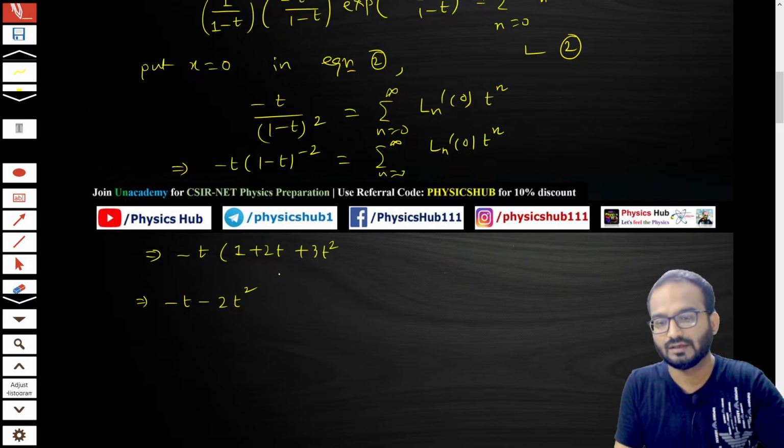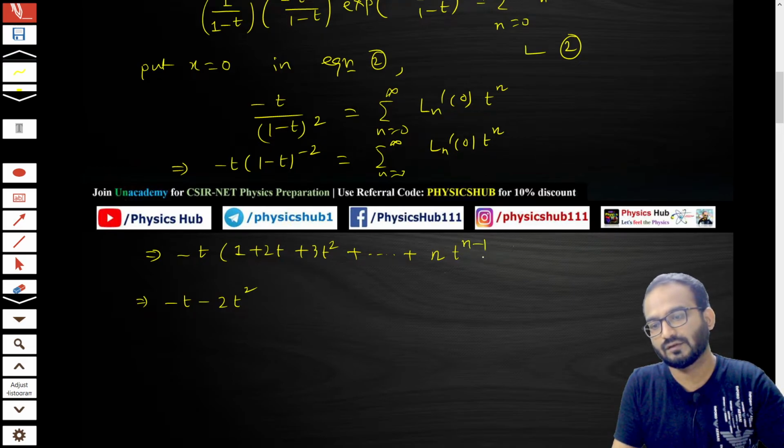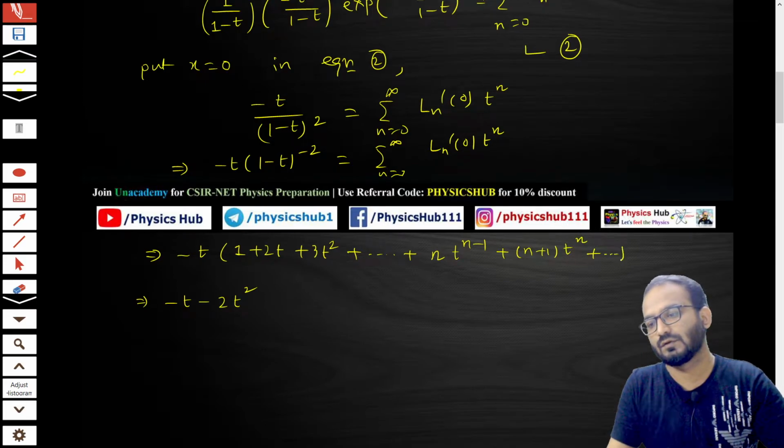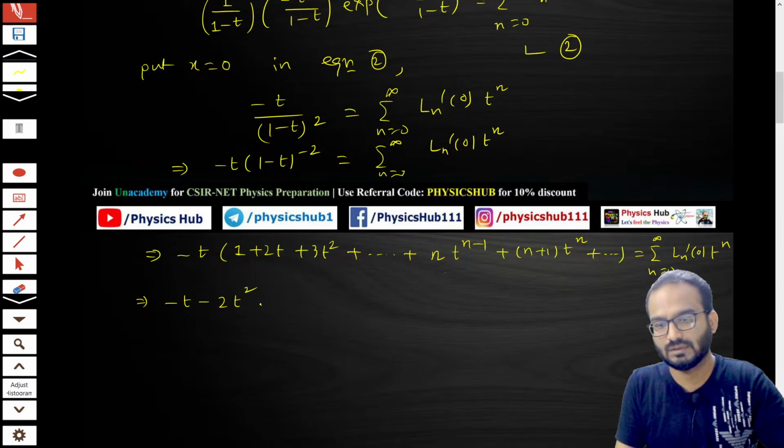How will you write? It will go on like this. You can see 3 and here the power is 2. So if I write n, then what will be the power of t? It will be n minus 1. If I write n plus 1, the power of t will be n, and so on, and that is for generating the sum from n equals 0 to infinity of L_n prime of 0 t to the power n. So minus t minus 2t square minus 3t cube and so on.